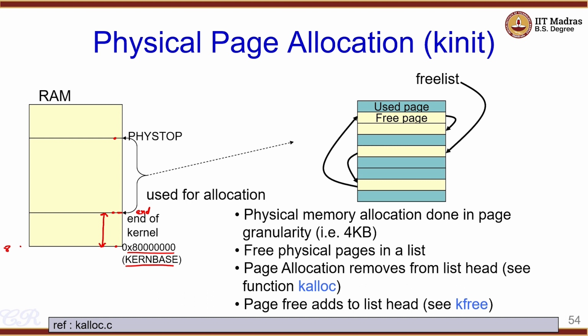Okay, so how does the kernel manage this region? What the kernel does is it splits this region up into chunks of 4 kilobytes.